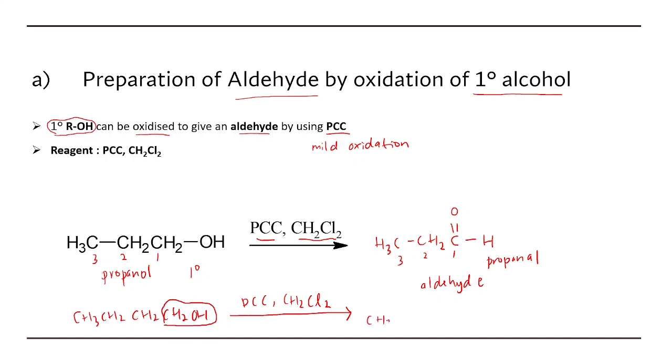So CH3, CH2, CH2, and for this one you can draw aldehyde like this. So this one with 4 carbon atoms is butanol, and for the aldehyde with 4 carbon atoms, it will become butanal. So that is how you are going to prepare aldehyde using primary alcohol.